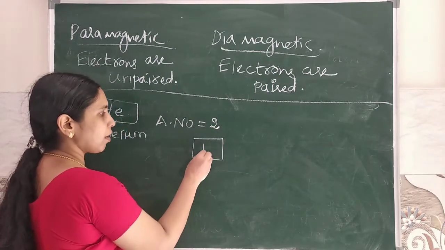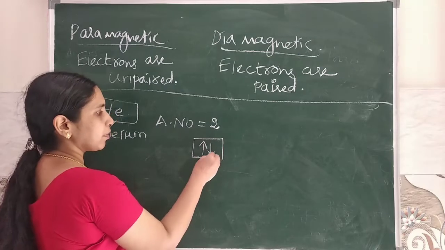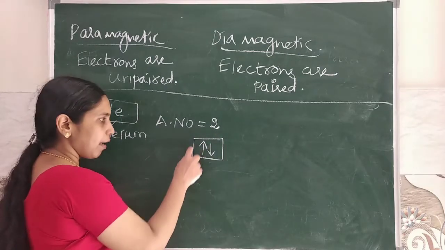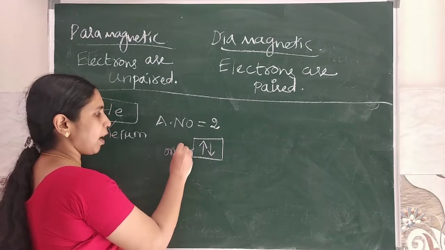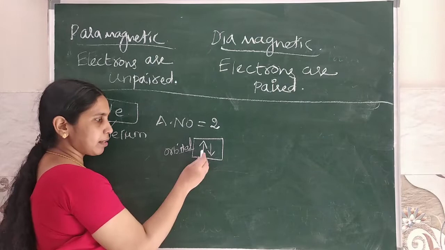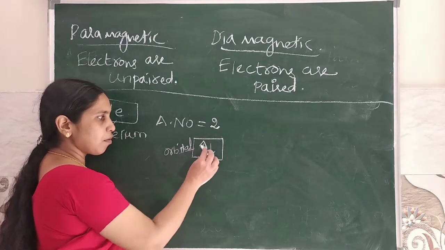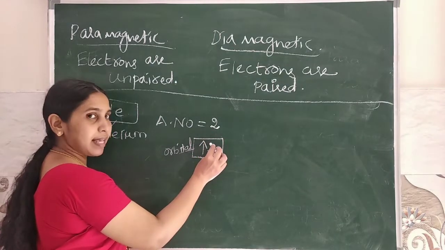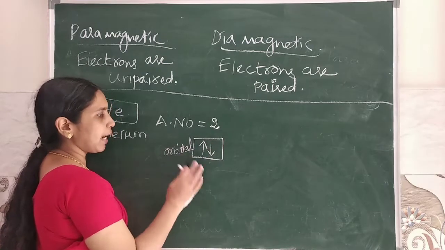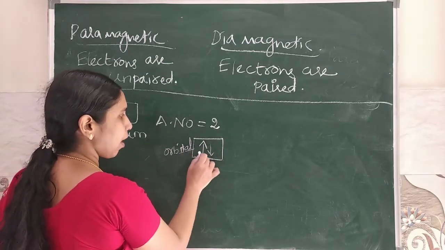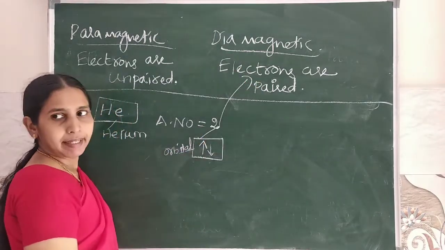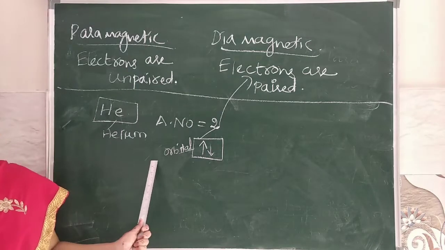These 2 electrons are paired in one orbital. This box is an orbital. Why do I have to put it like this? Because one electron is in the clockwise direction and the other is in the anti-clockwise direction. So these 2 electrons are paired. Paired means it is diamagnetic.